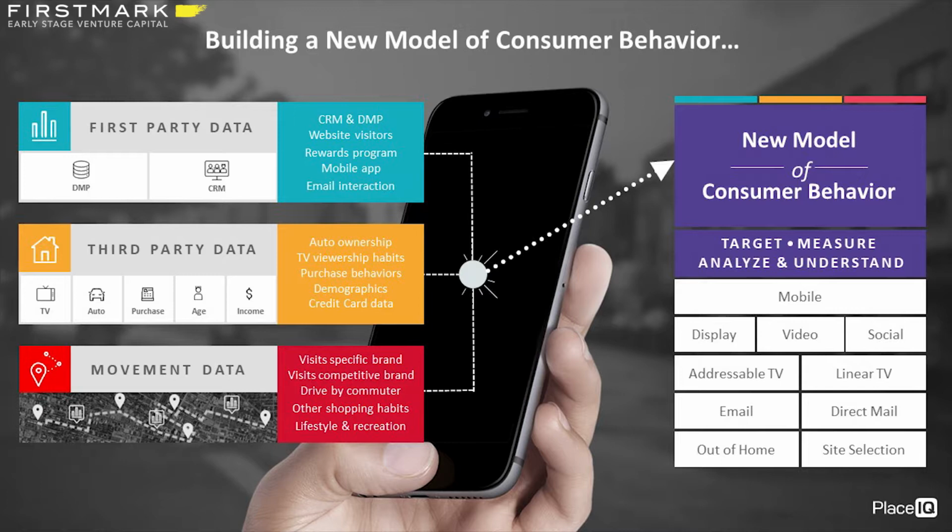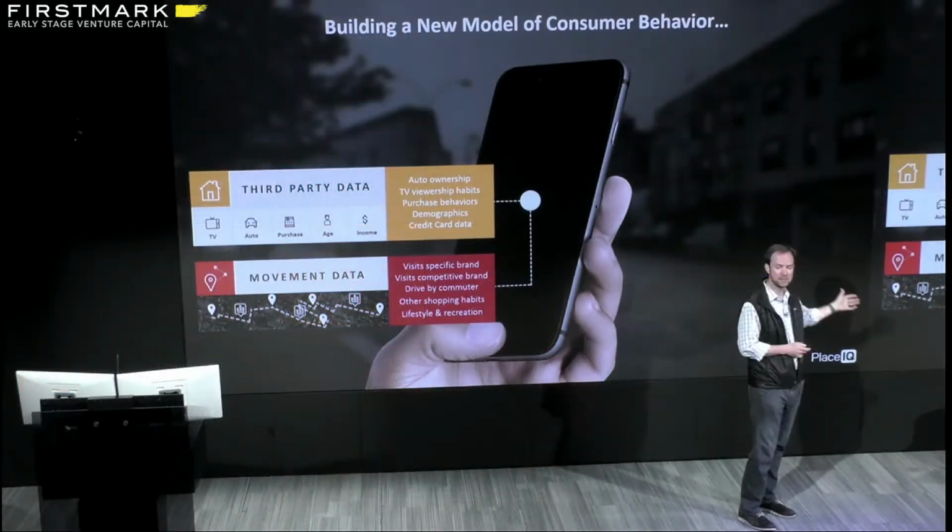It turns out you can now connect third-party data to physical behavior in the world. So you can start to say, of all the consumers that have recently visited an automotive dealership, are they actually in market for a car or not? What type of car? Everybody who's watching the Golf Channel on television, do they actually play golf? Or maybe they just like to watch golf on TV and they play tennis.